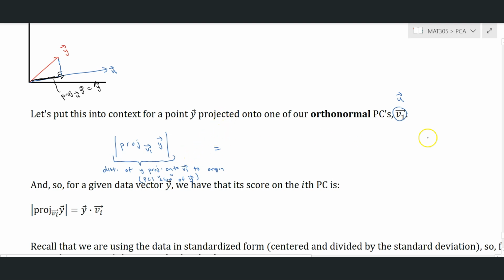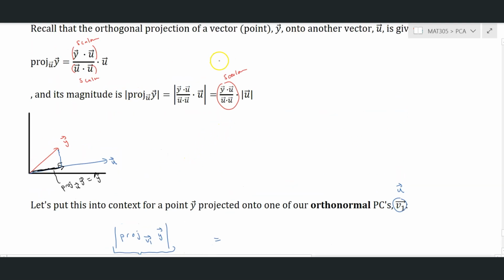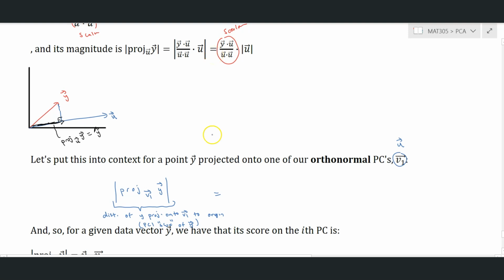So what will this look like? Well, according to our template formula here, it will be y dotted with v1 over v1 dotted with v1, multiplied by the length of what we're projecting down onto, which will be v1. Okay, now a couple of really cool things happen here.